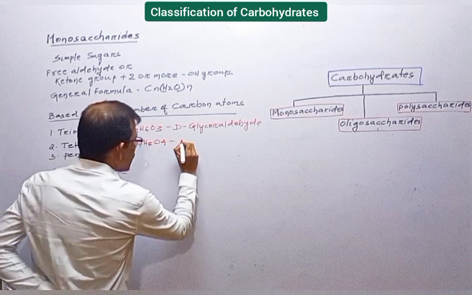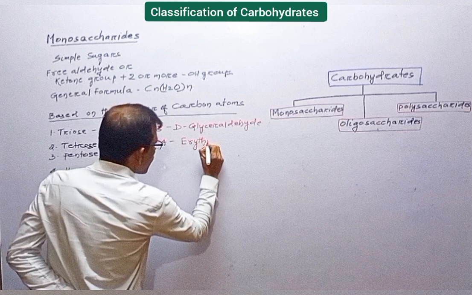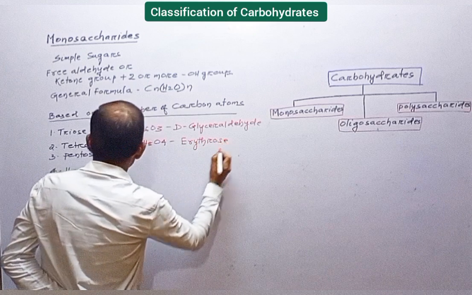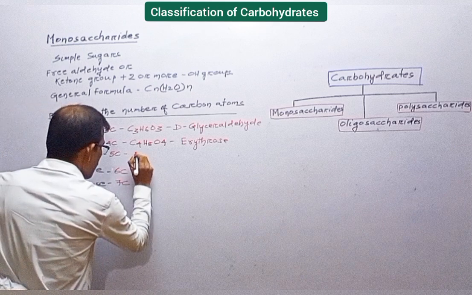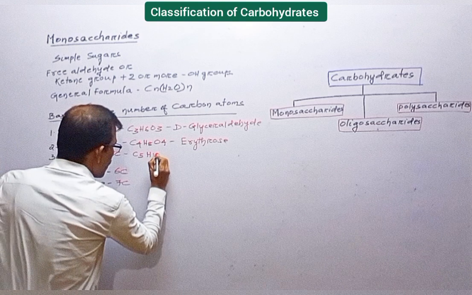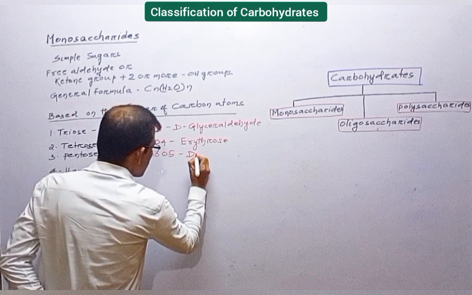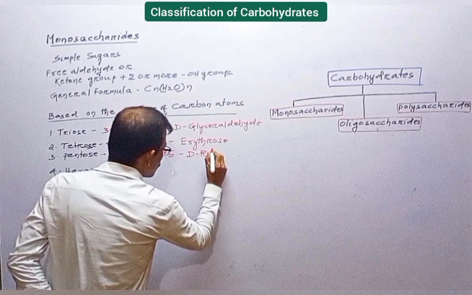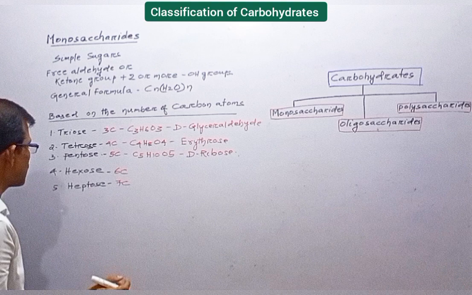An example is erythrose. And next one is pentose, whose general formula is C5H10O5. An example is D-ribose, which is a constituent of nucleic acids.